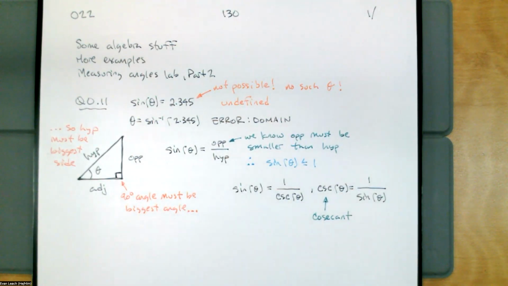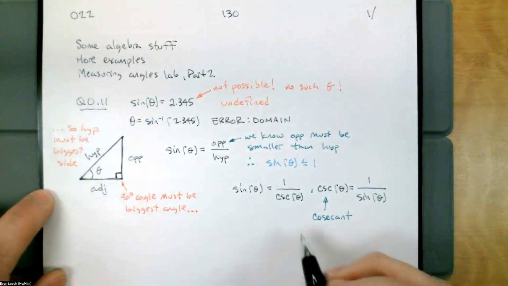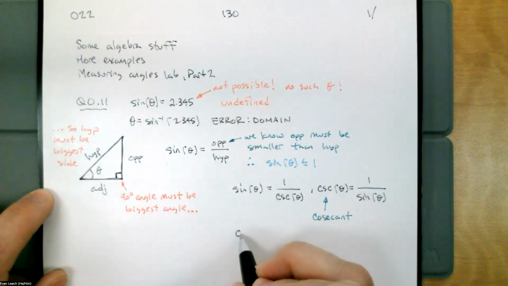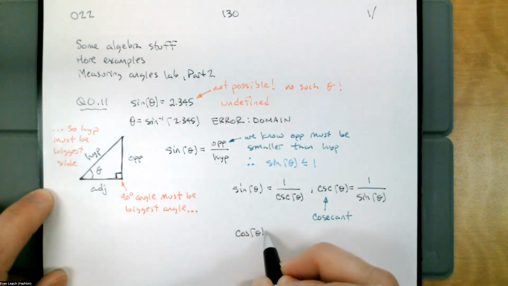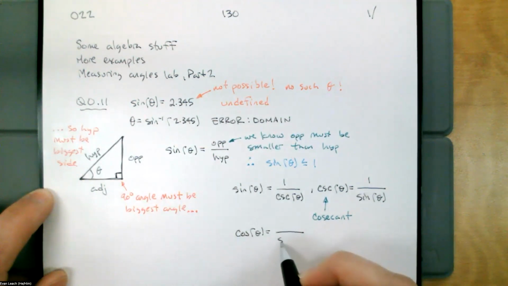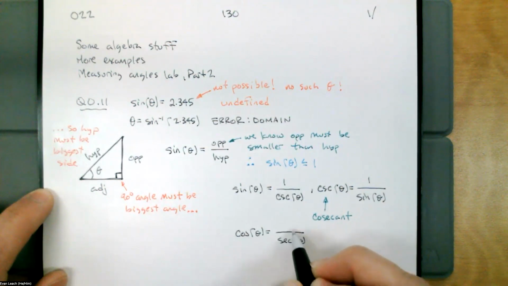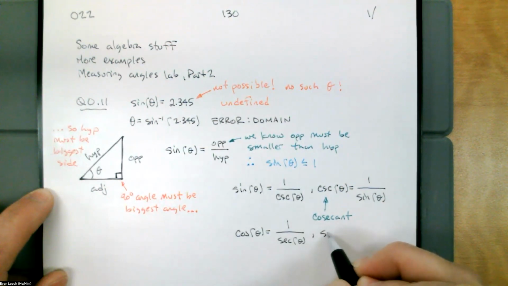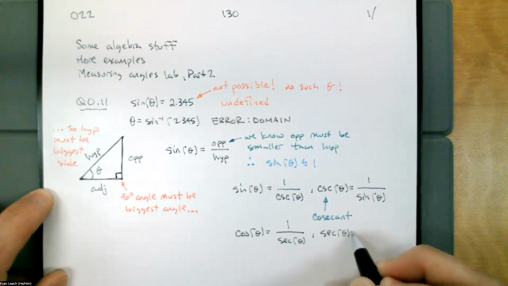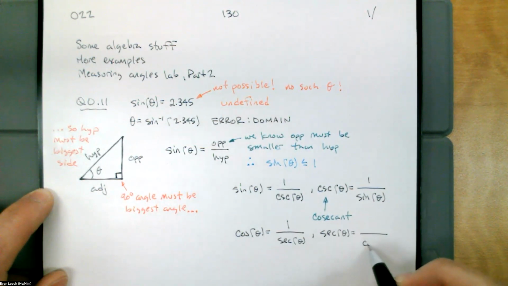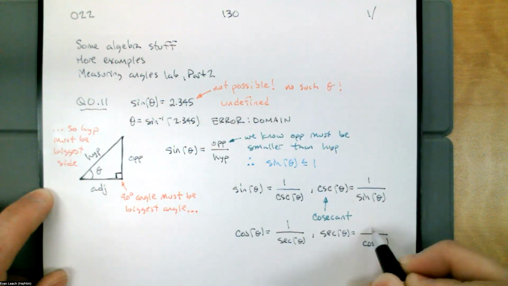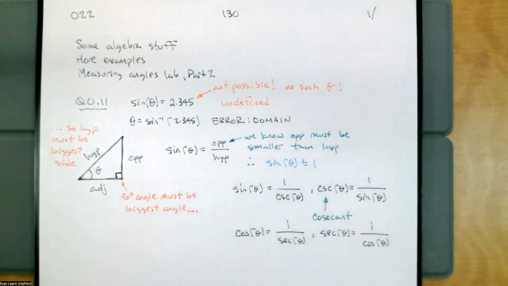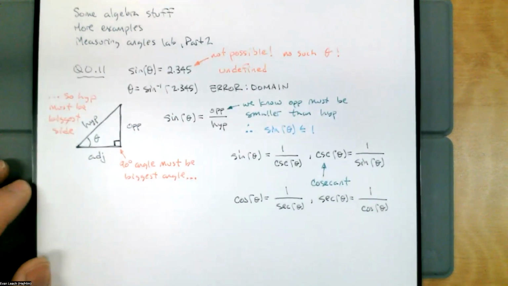We also have a reciprocal function for cosine, which is called secant. So we could say cosine theta is the reciprocal of secant theta, or we could say that secant theta is the reciprocal of cosine theta. So SEC is our abbreviation for secant.